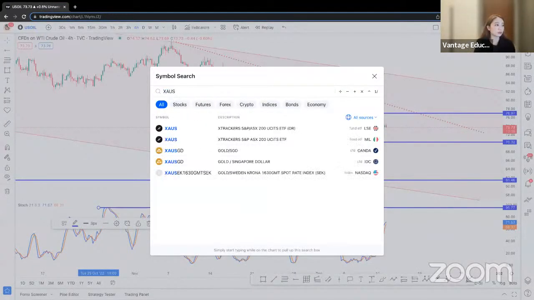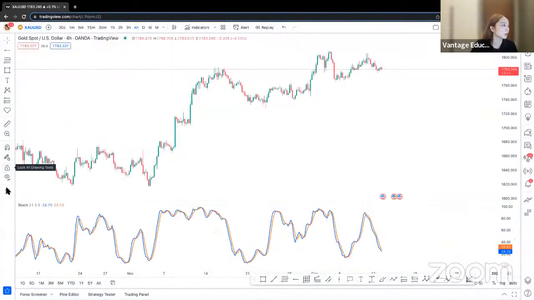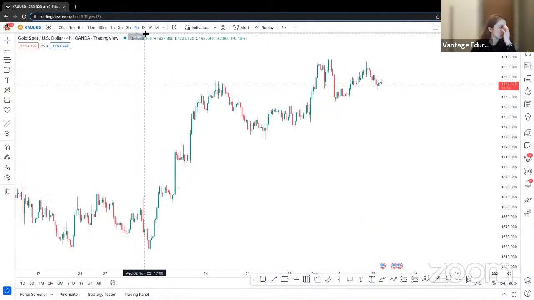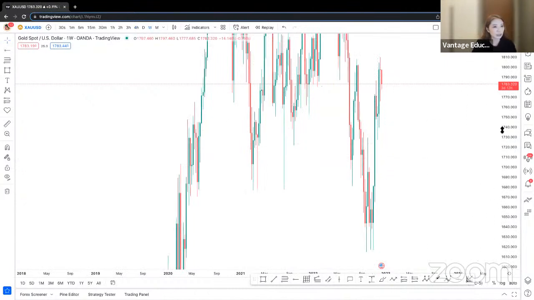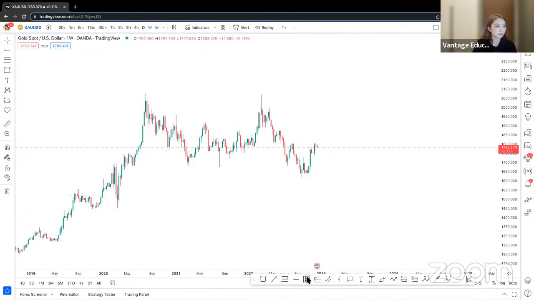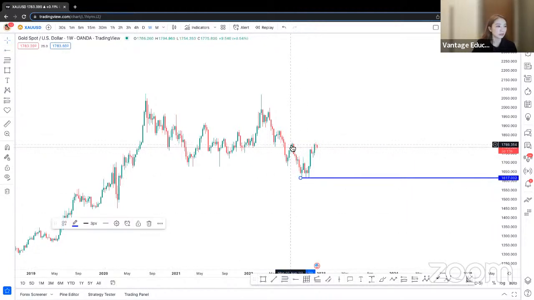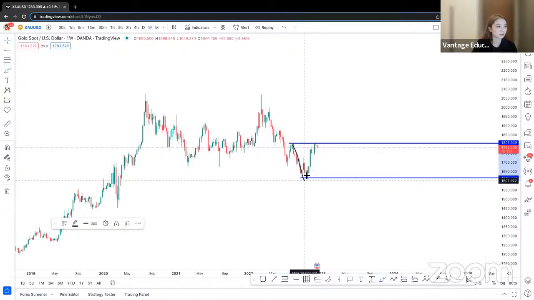Let's do gold. Okay, as per normal, we should always do gold. Let's look at the weekly chart. Okay, very obvious support levels here. Resistance here. Very obvious V-shaped recovery pattern.